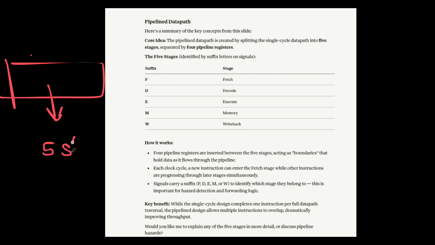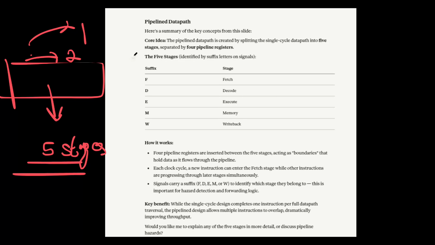That is basically divided into 5 stages. So when one instruction is in one stage, the other instruction would be in another stage. These are the different stages here.